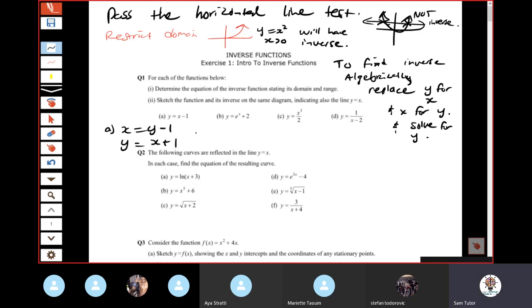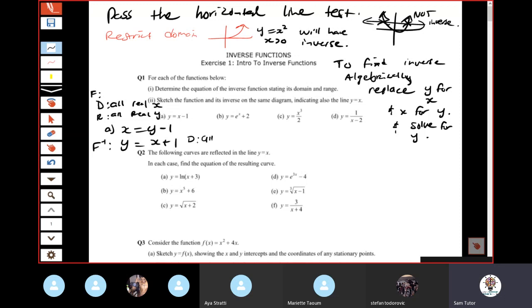Now your domain and range of your original function. So if your domain was all real x, which it is, and your range is all real y, the domain of your inverse would be exactly what your range was for your original function.